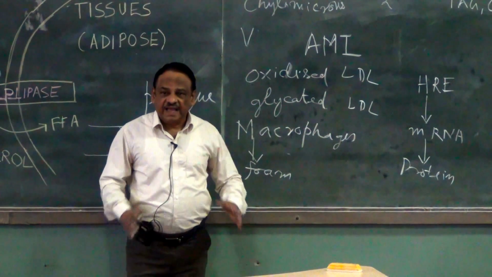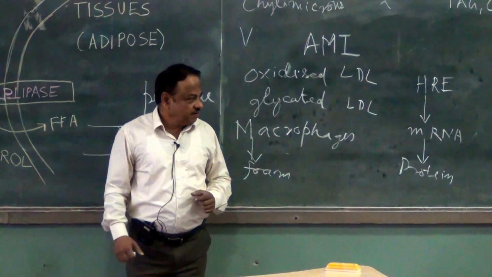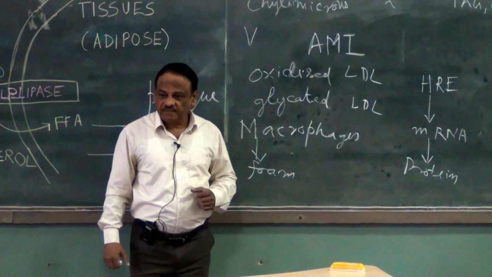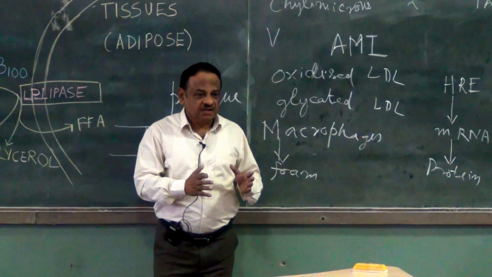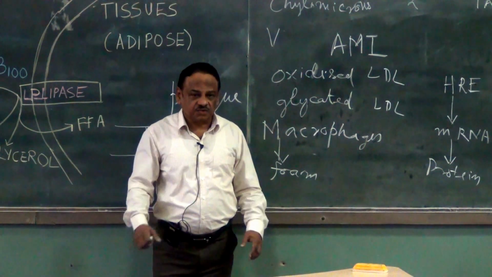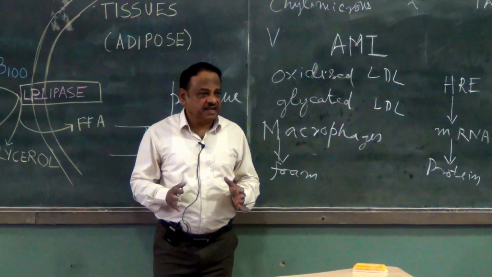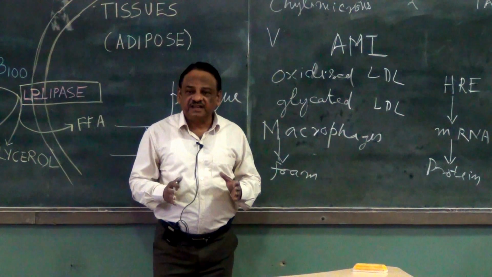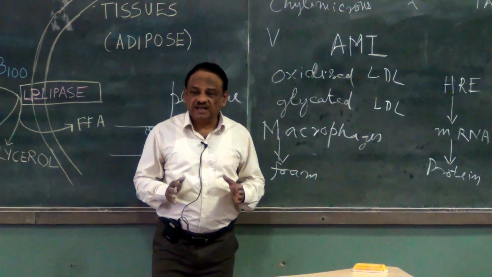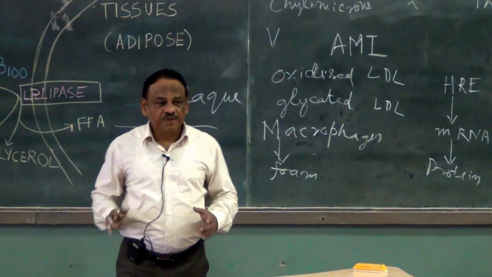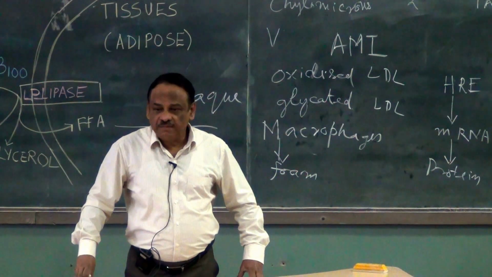So LDL seems to be the real culprit because it takes the cholesterol from the liver to the peripheral tissues. LDL in excess. Ideally, the LDL level should be below 130 milligrams in the plasma.